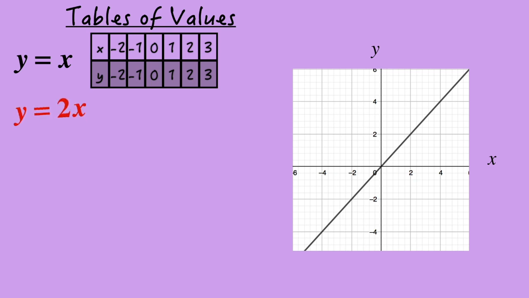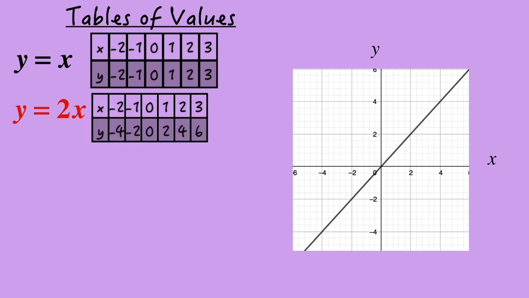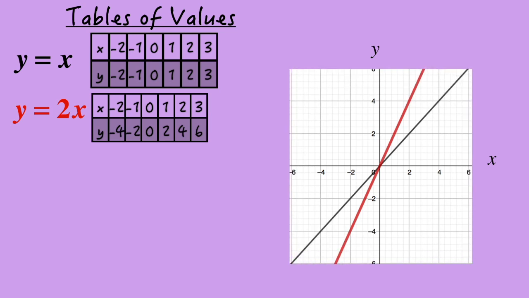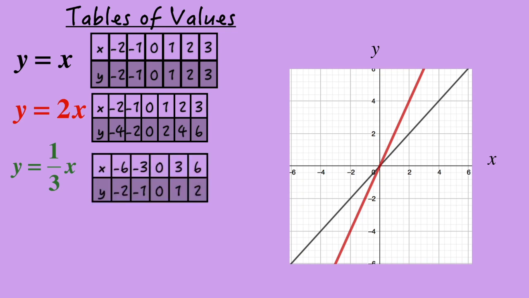If you have y = 2x, the 2 in front of the x, of course you could draw a table of values, but the 2 in front of the x just makes the line steeper, like that. Of course, if we have the equation y = a third of x, because a third is less than 1, that's going to make our graph flatter.